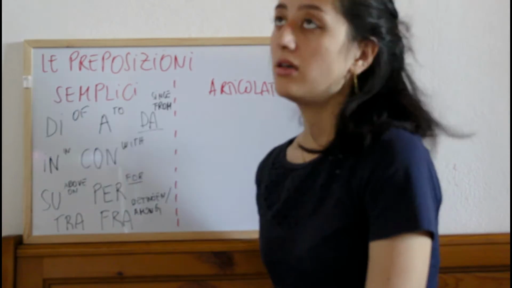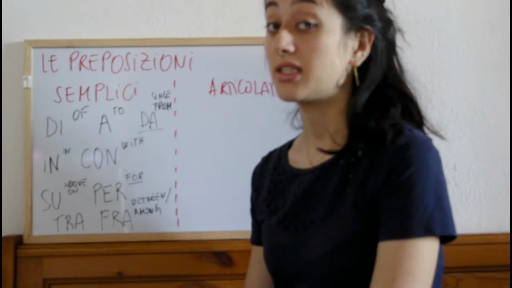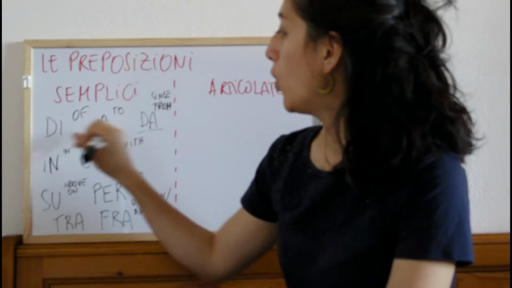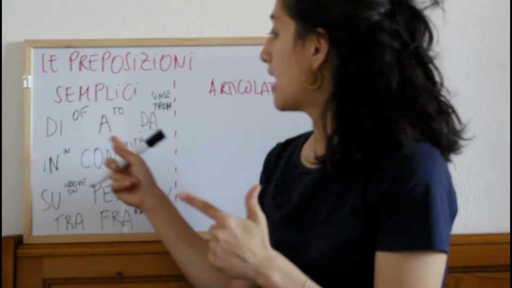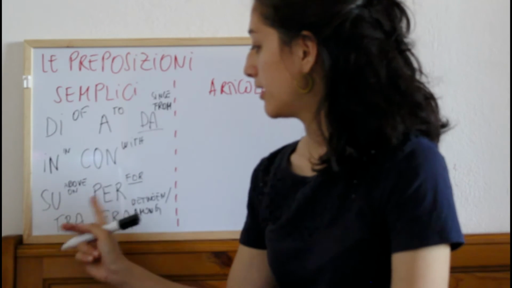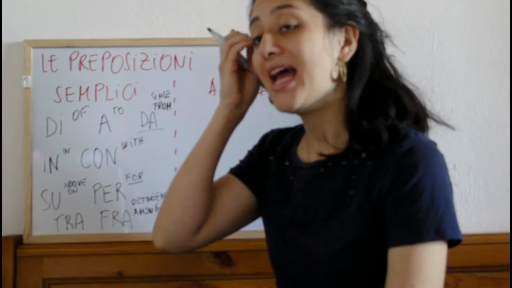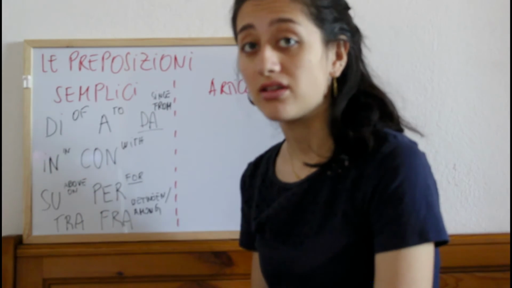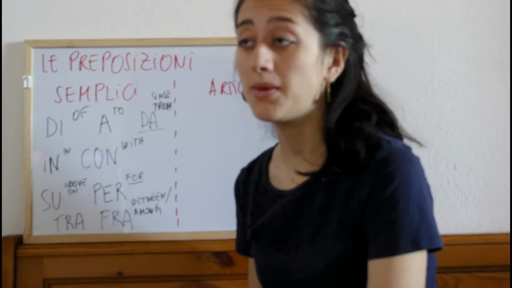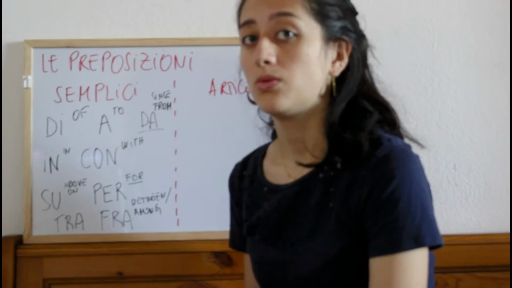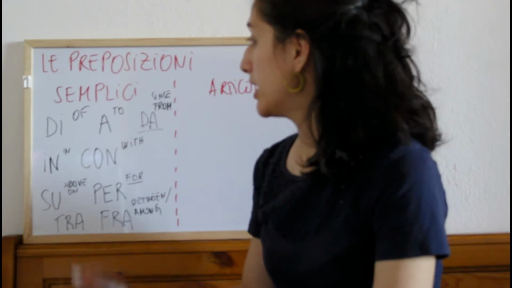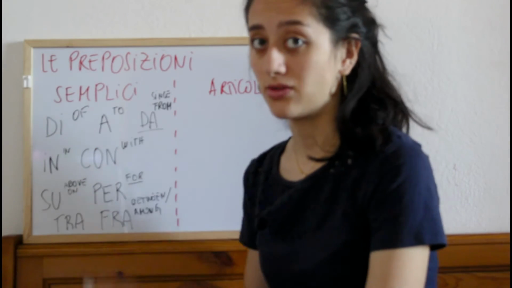Anyway, we create the preposizioni articolate by using the preposizioni semplici, so all these prepositions di, a, da, in, con, su, per, tra, fra, and adding the articles according to the gender and the number of the word which you want to introduce by the preposizione articolata.